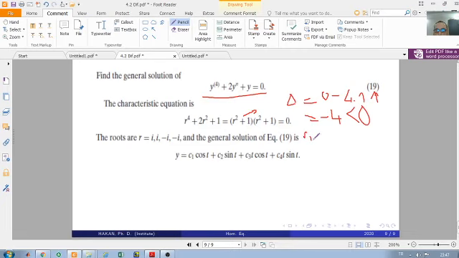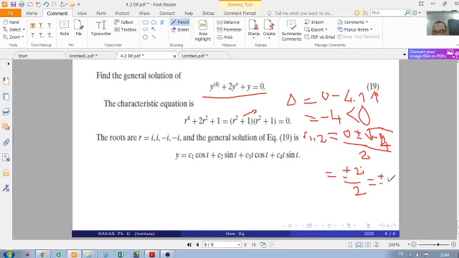So the roots r1,2 are equal to minus b, which is 0, plus minus square root of the discriminant, which is minus 4, over 2a, and from here we obtain 2i, so we have plus minus 2i over 2, which is plus minus i.